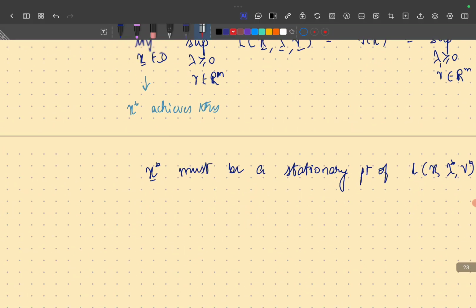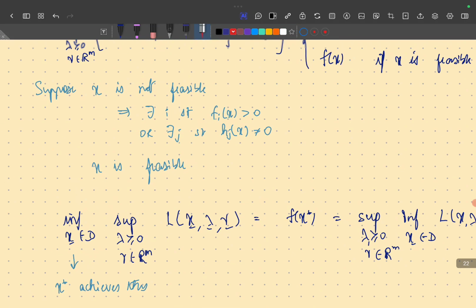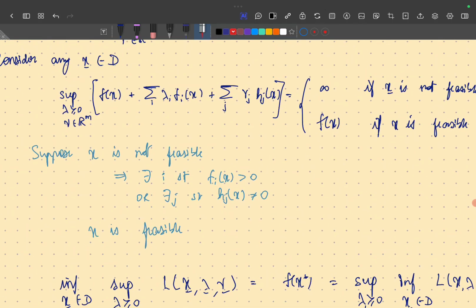So why do you call this unconstrained? You still have that the lambda term is greater than or equal to 0, right? Still a constraint. That's okay. But I'm only interested in how it behaves with respect to x, because I'm only setting the gradient of L with respect to x equal to 0. Setting the gradient of L with respect to lambda or nu doesn't give me anything interesting.